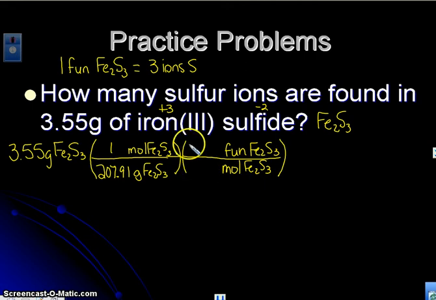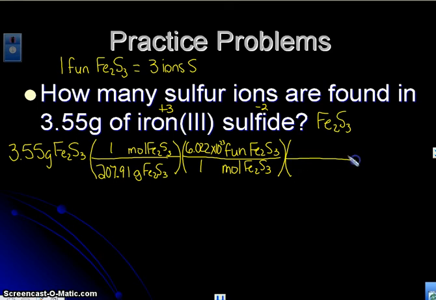We know that we use Avogadro's number to go between particles and moles, so that's 6.022 times 10 to the 23rd. Our particles here are formula units, and that's the number of formula units in 1 mole.